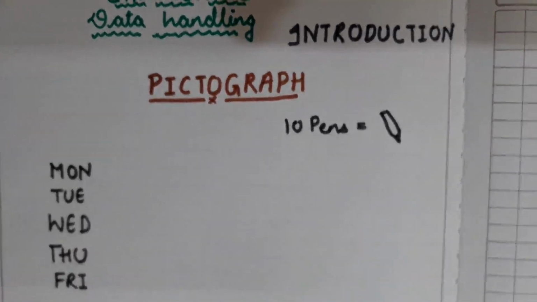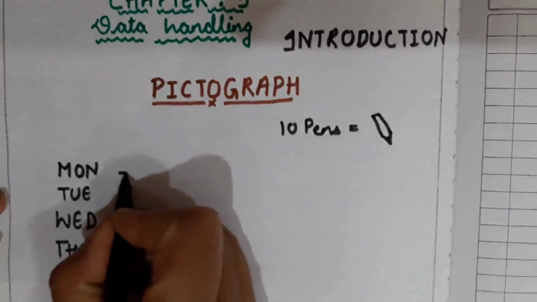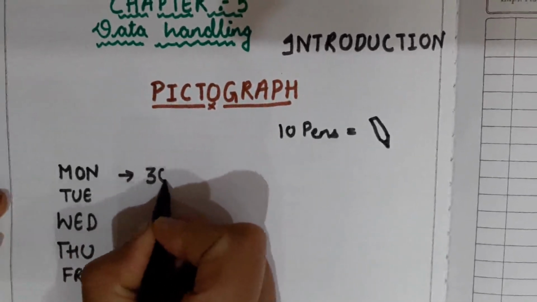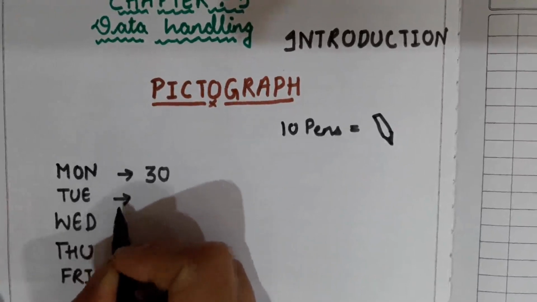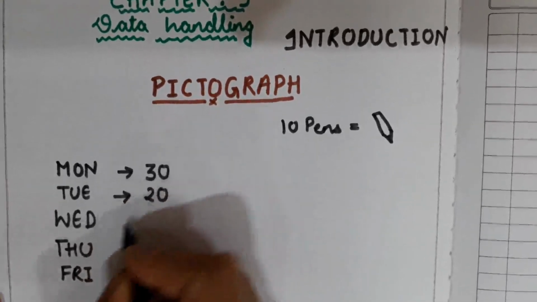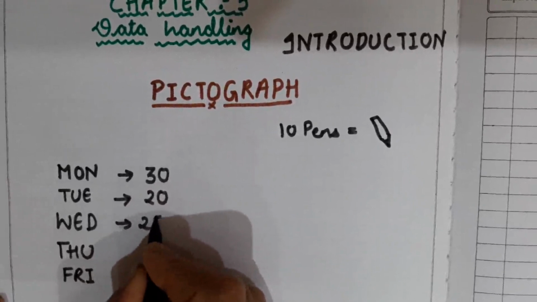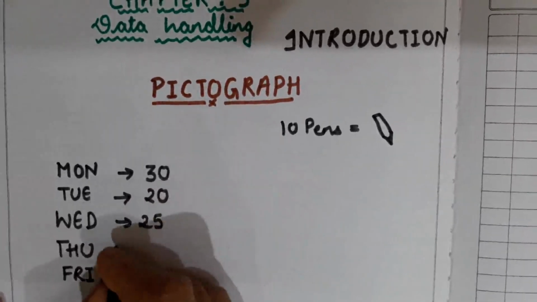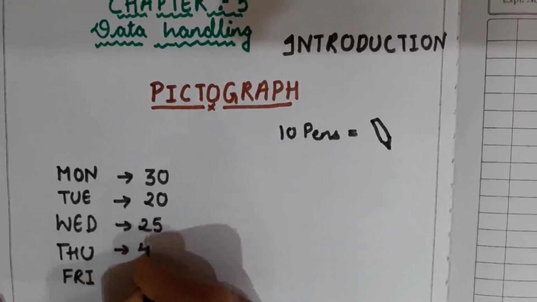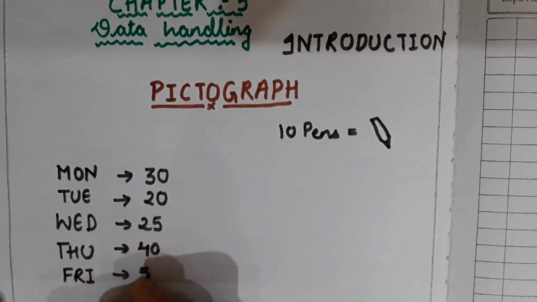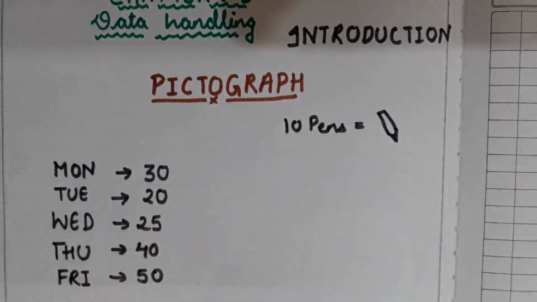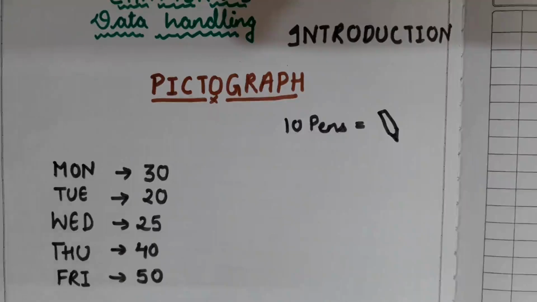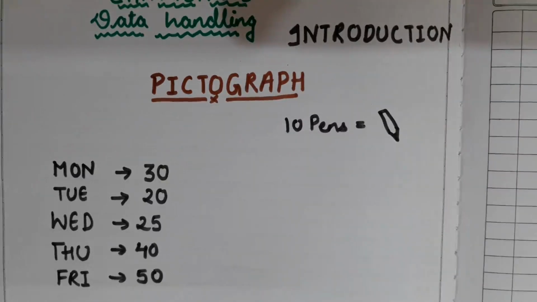On Monday 30 pens sold, on Tuesday 20 pens sold, on Wednesday 25 pens sold, and Thursday 40 pens, and Friday 50 pens. It's very hard to draw a 30 pens picture, 20 pens picture, 50 pens picture. What you can do, you can represent 10 pens equal to one pen picture.